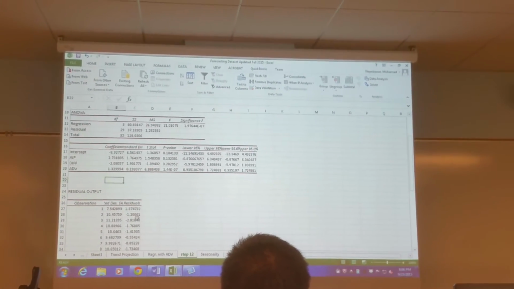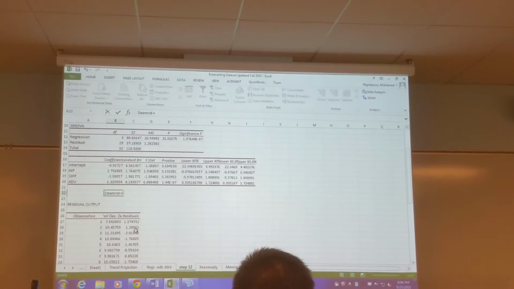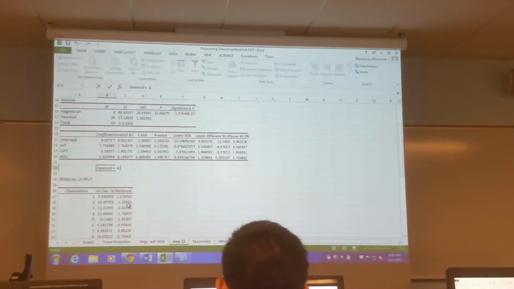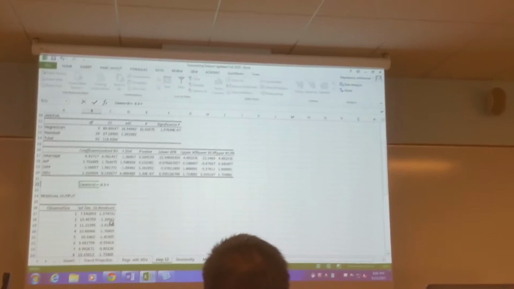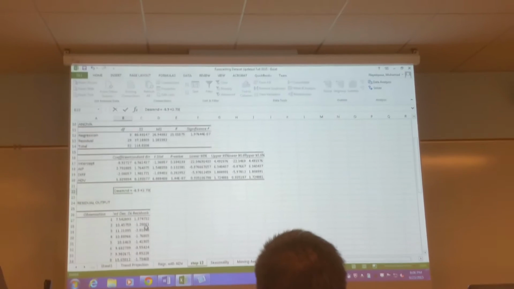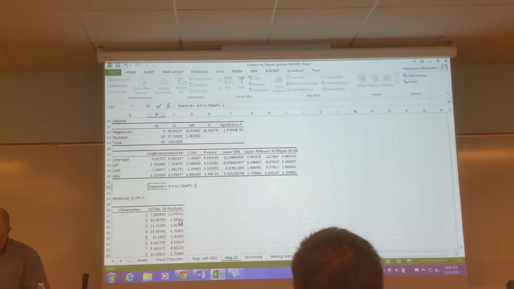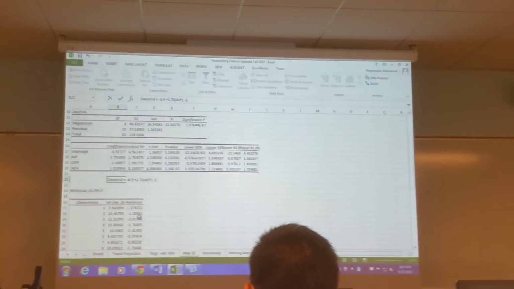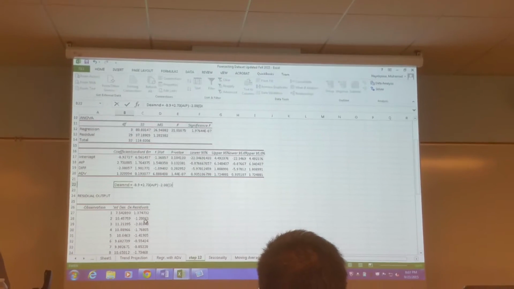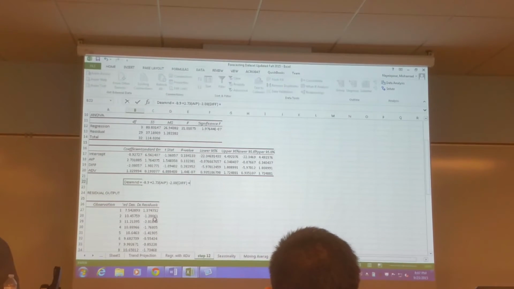Let me write the equation for you. Demand is equal to negative 8.9 plus 2.73 times average industry price minus 2.08 times diff plus 1.32.